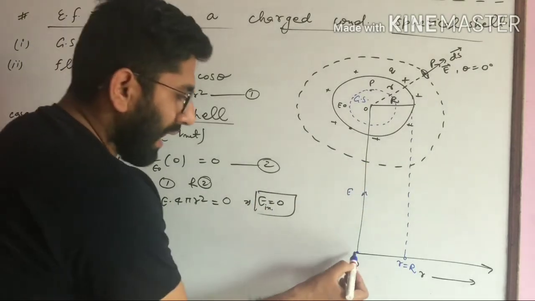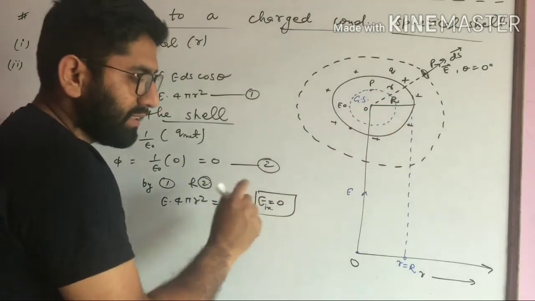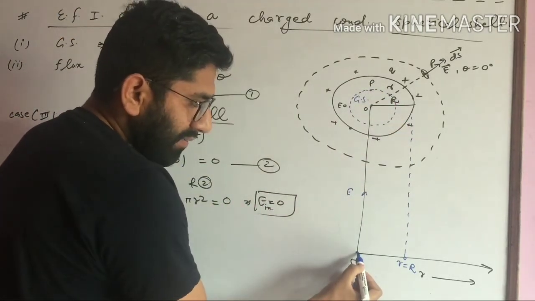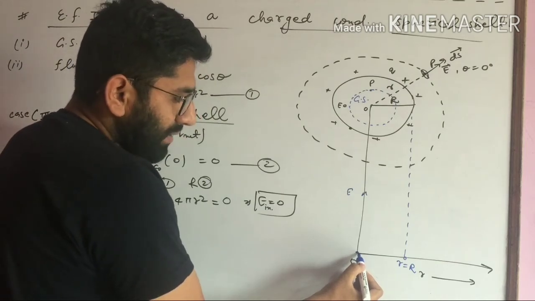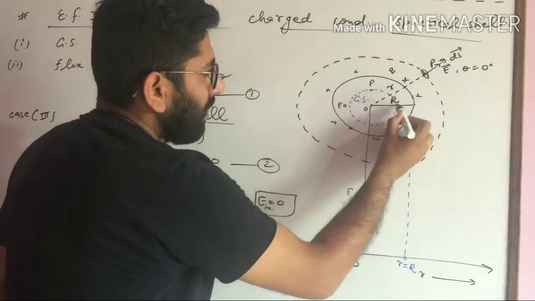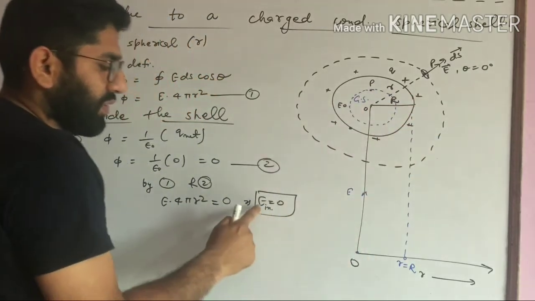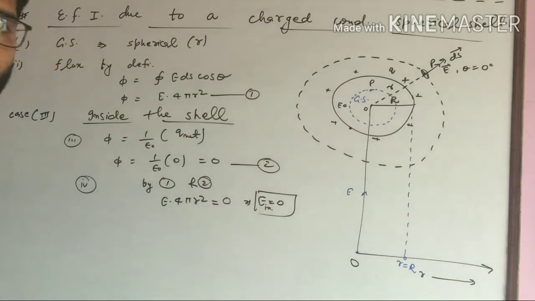So the center is inside the shell, and we know inside the shell the electric field is 0. So at this point the electric field will be 0 only, and up to this point where r is equal to capital R, along these points the electric field will remain 0, because we have shown inside the shell the field is 0.